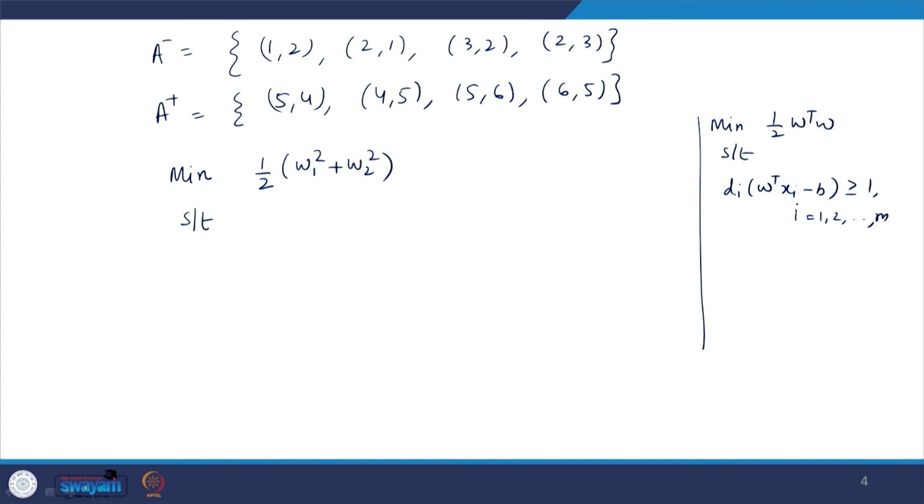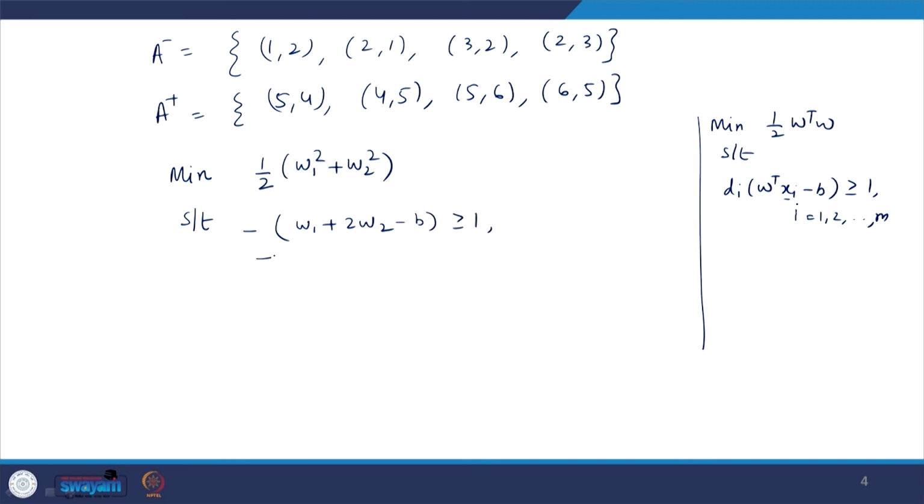If di is minus 1, because for this it is minus 1, it is negative of w1 plus 2 w2, because the first pattern x1 is (1, 2) and this w is (w1, w2). So w1 w2 will multiply with 1 and 2, a simple matrix multiplication, and this is minus b greater than or equal to 1.